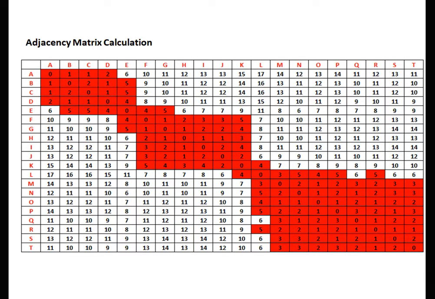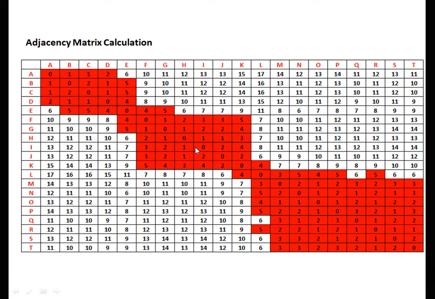Now this is the absolute distance calculation, and this is the adjacency matrix. In the adjacency matrix, two portions are there. One is highlighted and one is non-highlighted. The highlighted portion indicates the distance up to 5 because the epsilon distance of 5 is given. So this is nothing but the radius at every point.